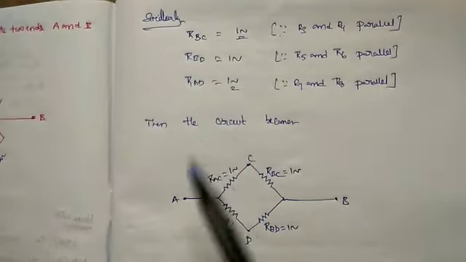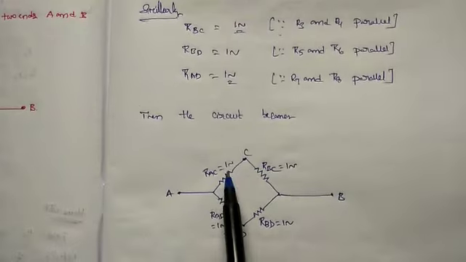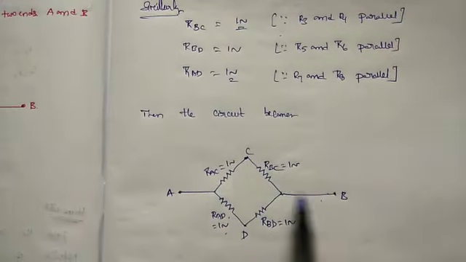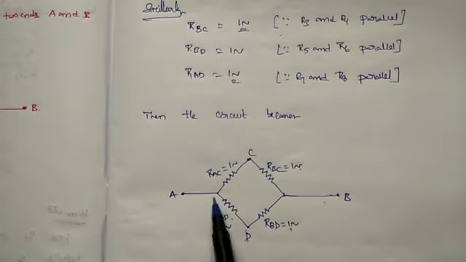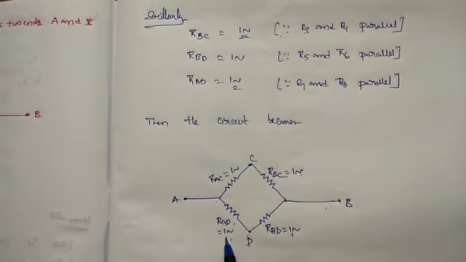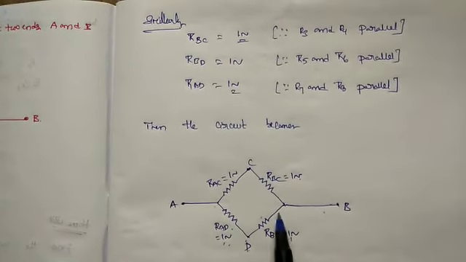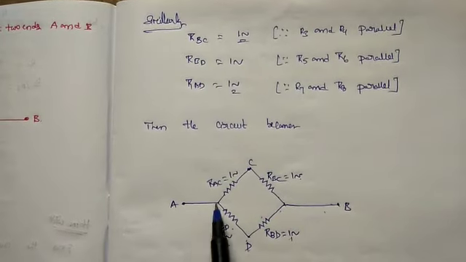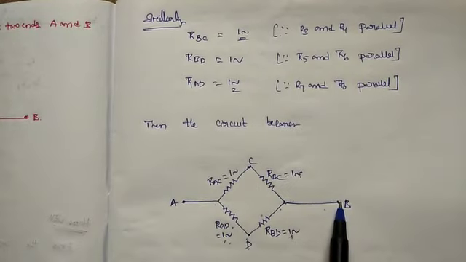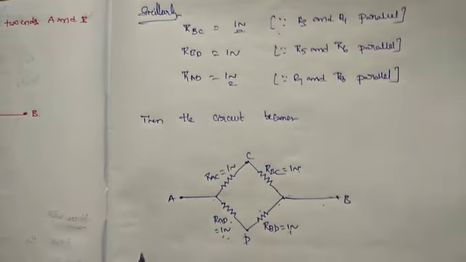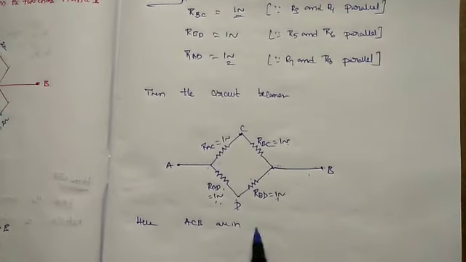Then the circuit becomes, see here, from A to C, RAC is 1 ohm, and C to B is 1 ohm, and B to D is 1 ohm, and D to A, that means AD, is 1 ohm. So in this circuit, these are in series and these are in series. That means from A to B, on one side ACB is in series, and ADB is in series.